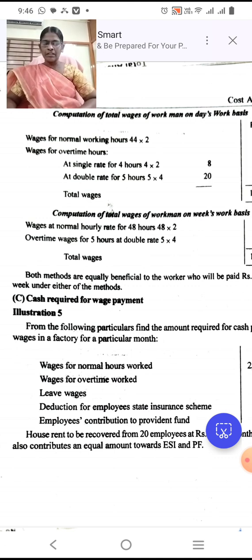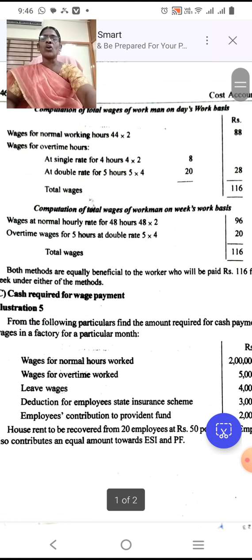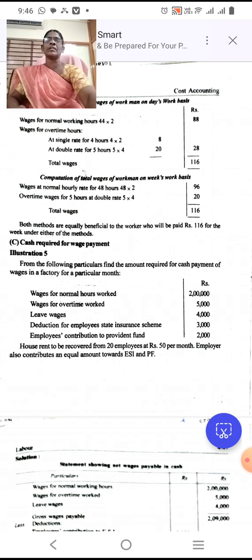From the following particulars, find the amount required for cash payment of wages in a factory for a particular month. Wages for normal hours worked 2 lakhs. Wages for overtime worked 5,000. Leave wages 4,000. Then read it carefully.